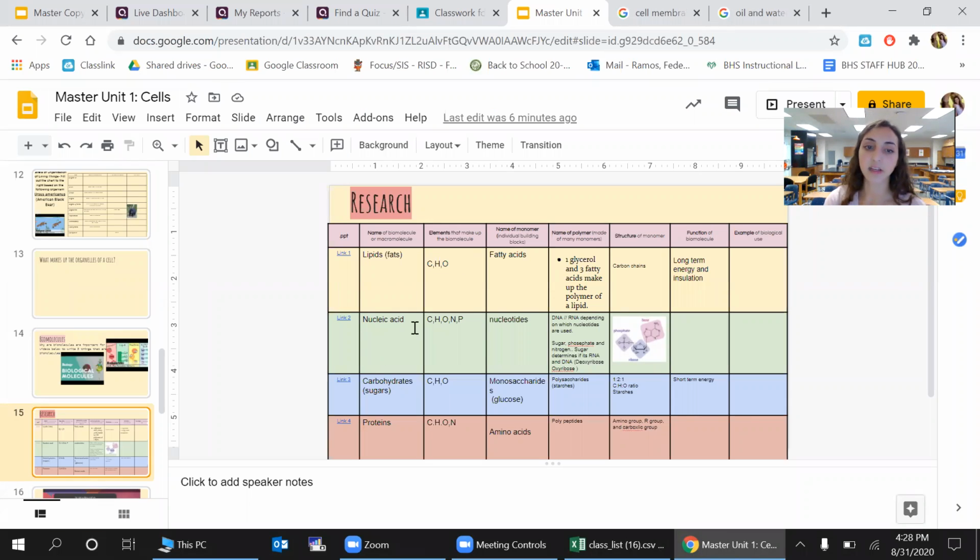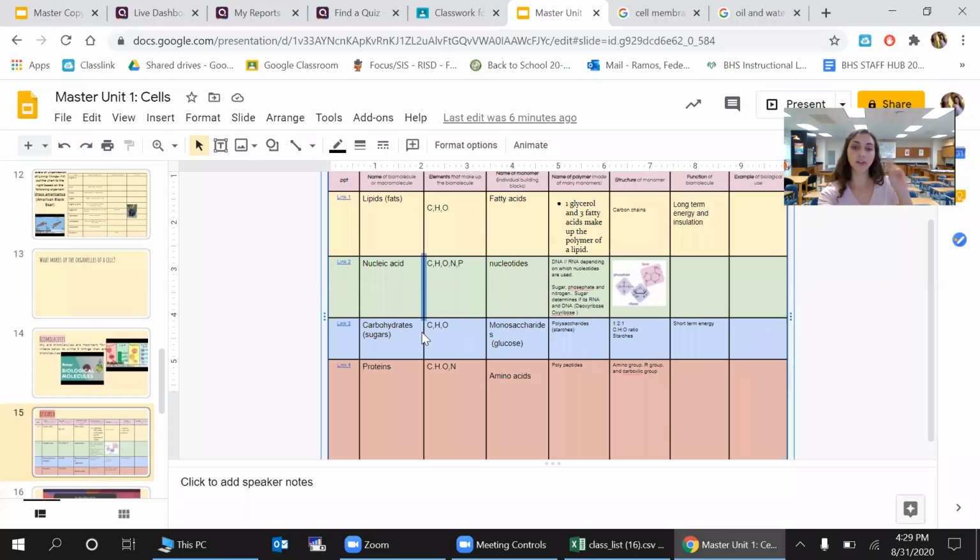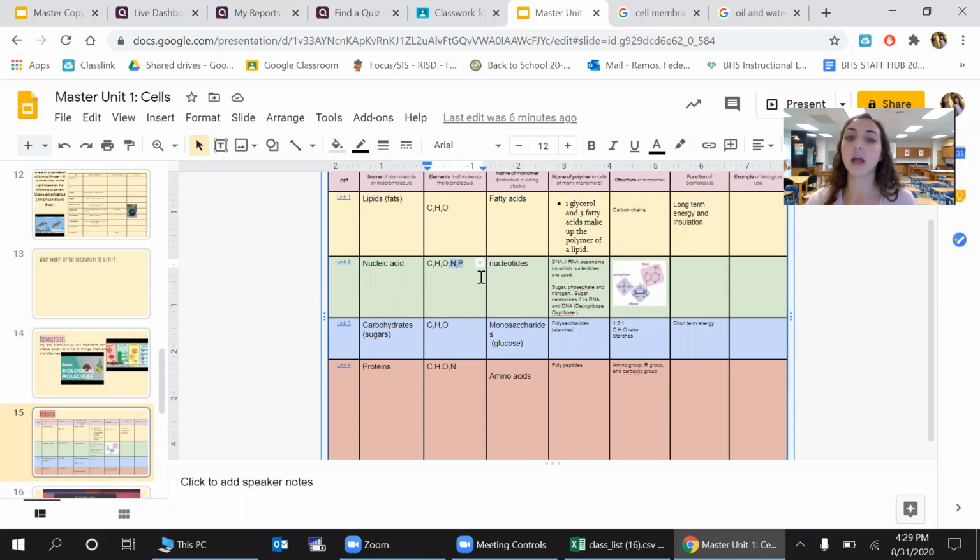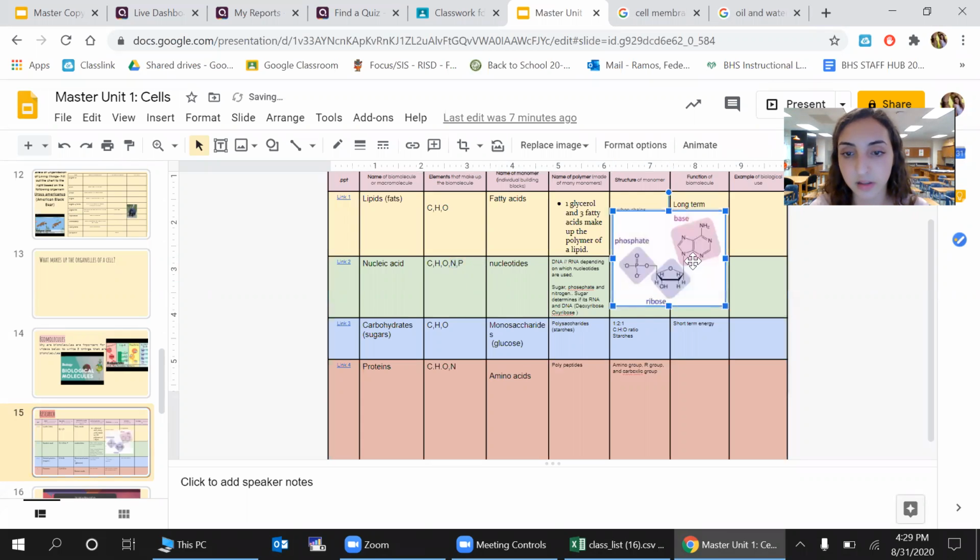Nucleic acids contain the elements of carbon, hydrogen, oxygen, nitrogen, and phosphorus. Their monomer is a nucleotide, and they look like this. They have a phosphate group because they have a phosphorus right there. They have a ribose group, and then they have an amino acid group, which contains the nitrogens.